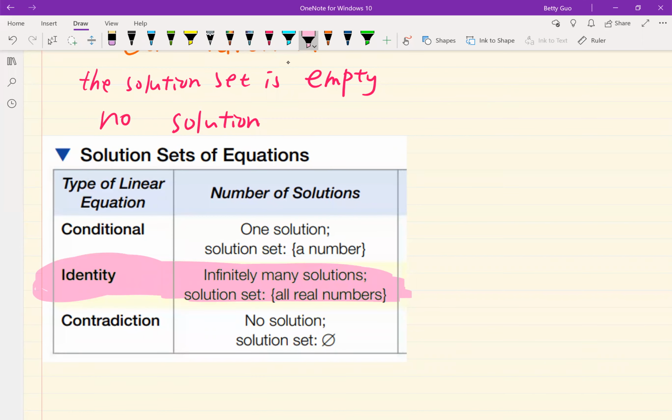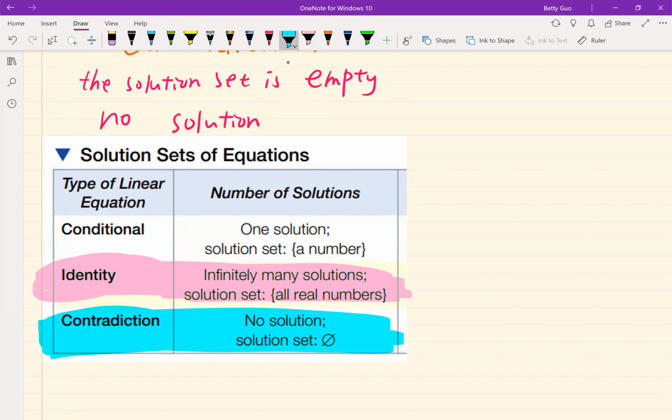And earlier, we also saw a contradiction. An equation is a contradiction if it has no solution. That means no matter what x equals, the equation is always a false statement. It's not true.